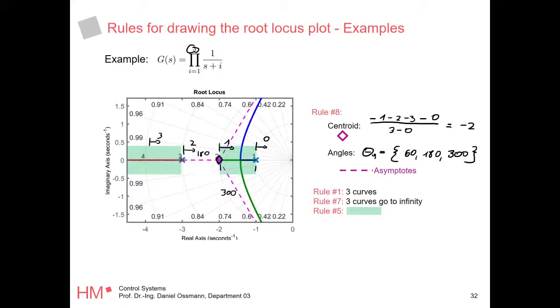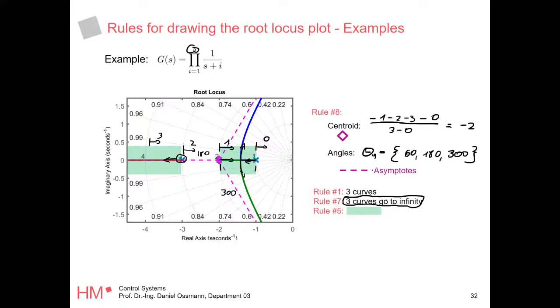So what you see is that if this part of the x-axis does not belong to the locus curve, this one only can go right and this one only can go left. And when they meet, they're going to split up. And here you see that you're approaching the asymptotes when you go to infinity. This one only can go left, and it goes left to infinity because it also needs to go to infinity, because we have rule number 7. Okay?